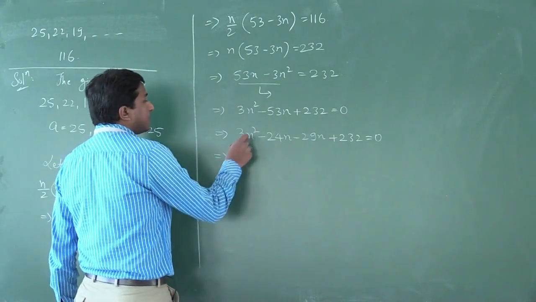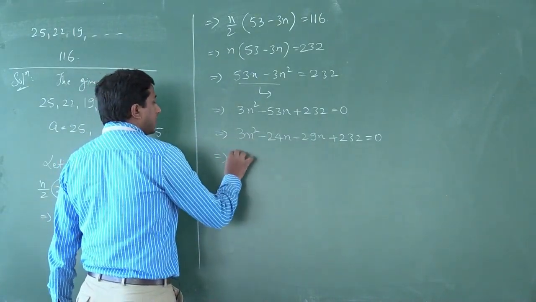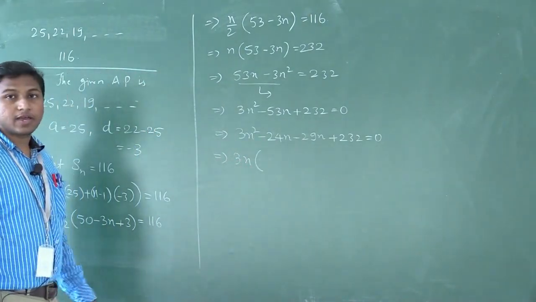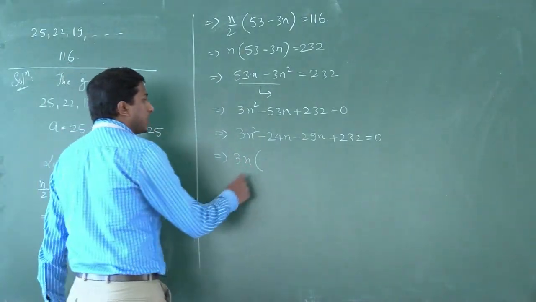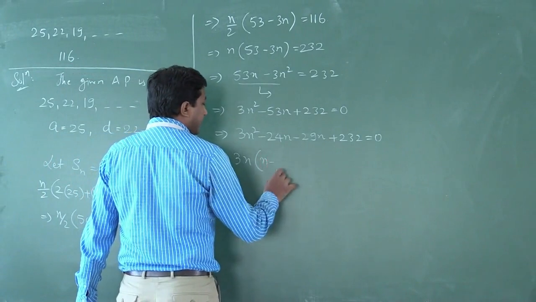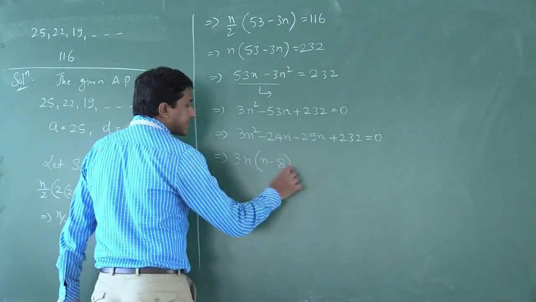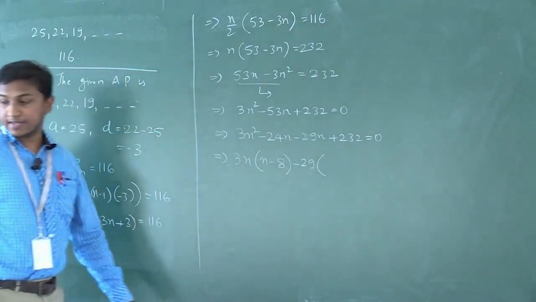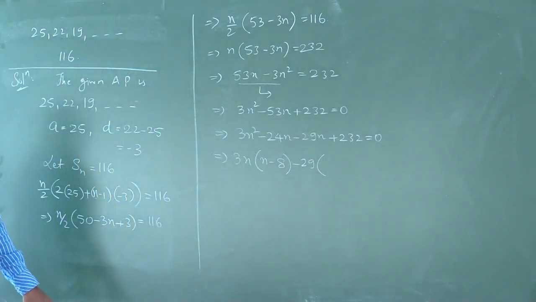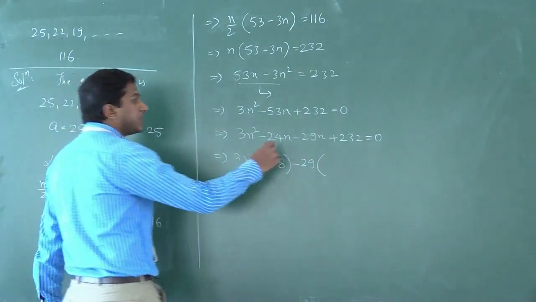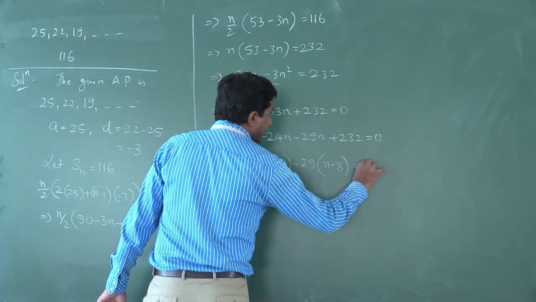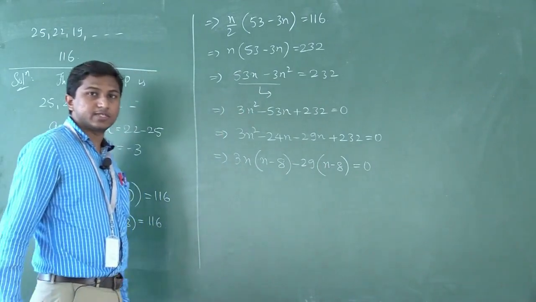We'll simplify this. I take 3n common. So what do we get? n minus 8 is left out. I take minus 29 common, and I am left with n minus 8 equals 0.